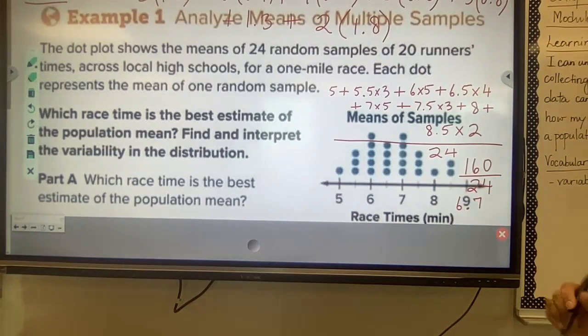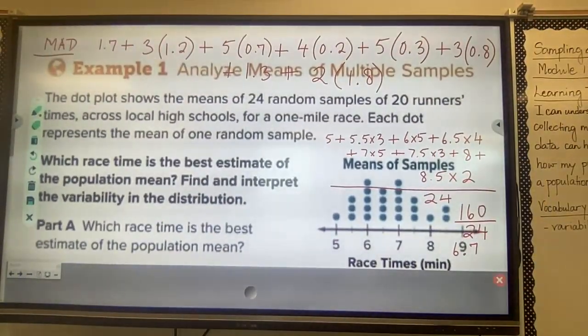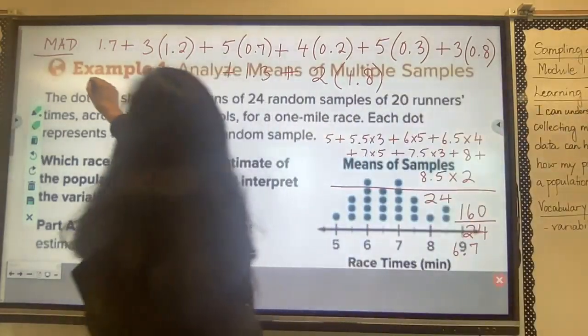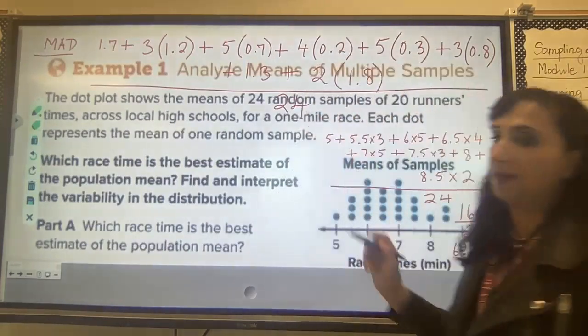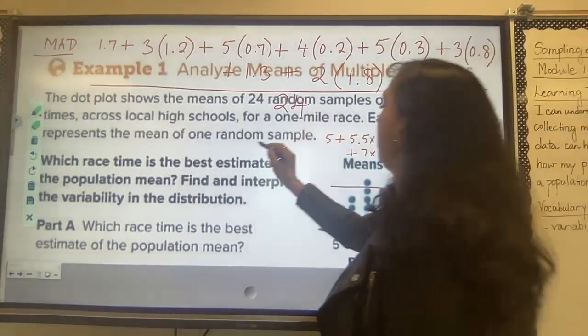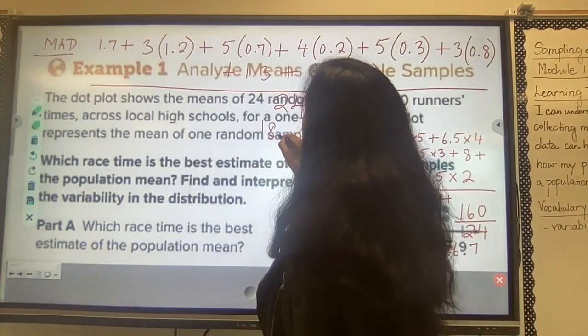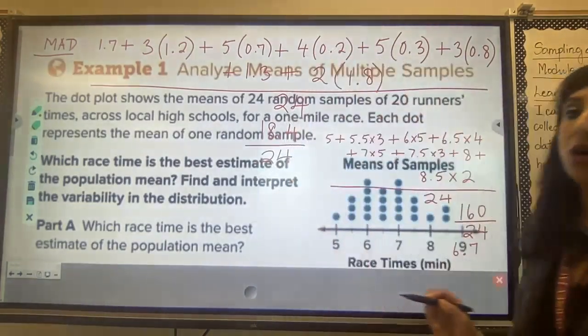Okay, so now that I have all that written out, all I'm going to do is divide this whole thing by how many numbers there are. And there were 24 of these. Okay, and so when I add them up, I get 18 and 4/10. Okay, so this gives me 18 and 4/10 divided by 24.